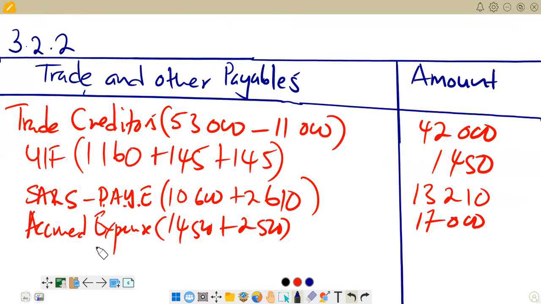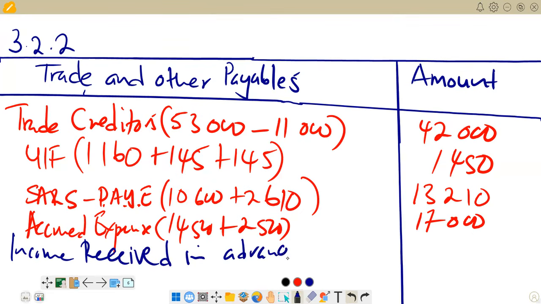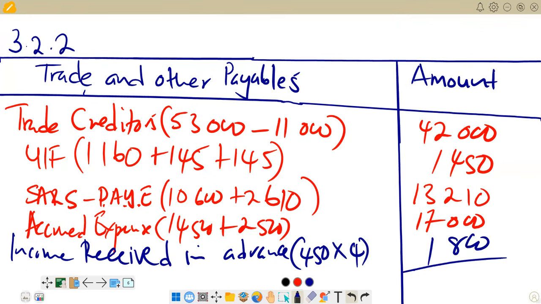So if you come here, we now have the figure for income received in advance. So basically, how we got it was 450 times 4, and then we got 1,800. So that's what we have.